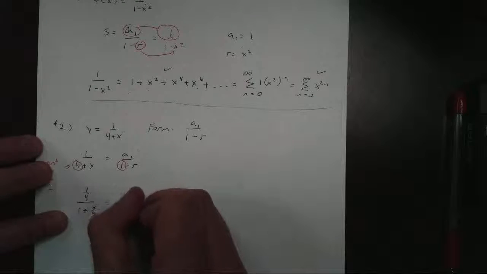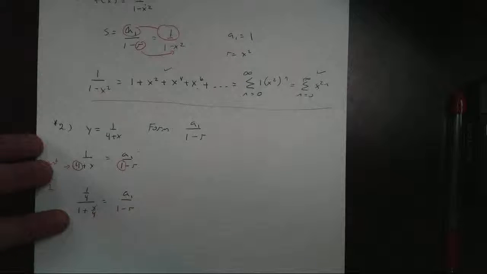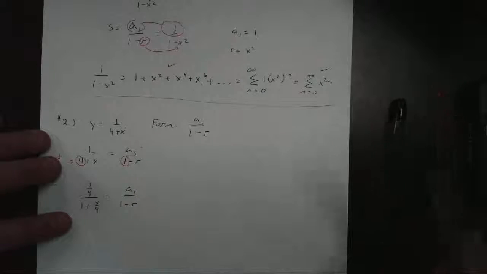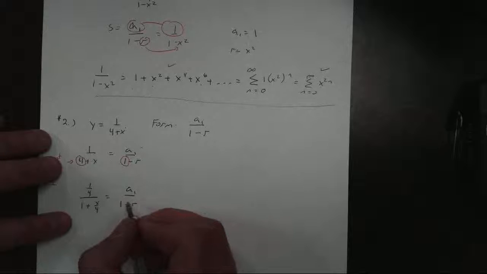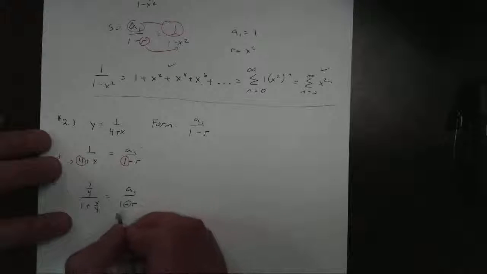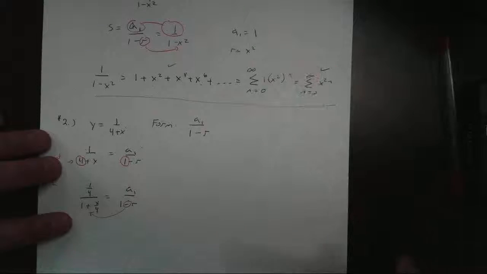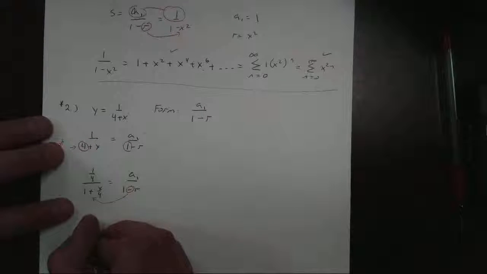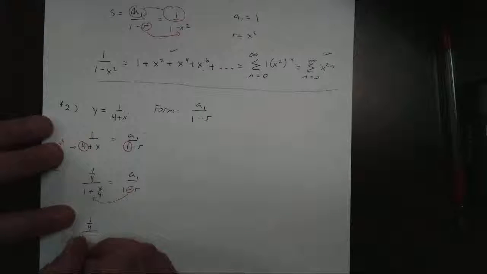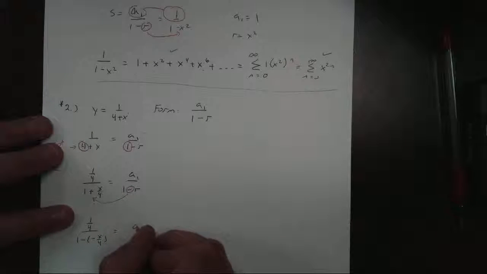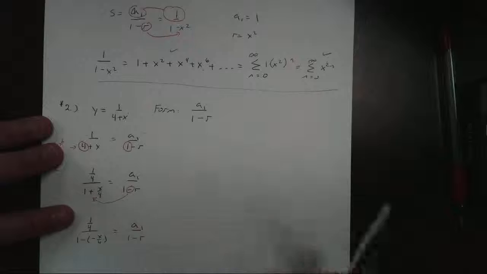And that's still equal to this a sub 1 over 1 minus r. Now, what I next notice is this minus sign over here is a plus. So we have to change that. And I can write that as 1/4 over 1 minus a negative x over 4, and that's equal to a sub 1 over 1 minus r.